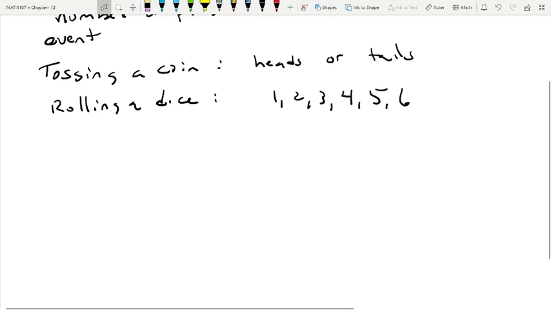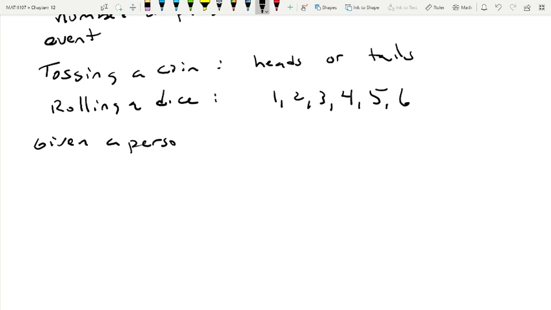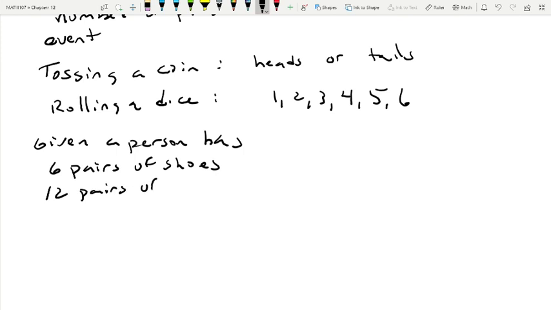So given this, given a person has 6 pairs of shoes, 12 pairs of pants, and 20 shirts. And I want to know how many different outfits are possible.